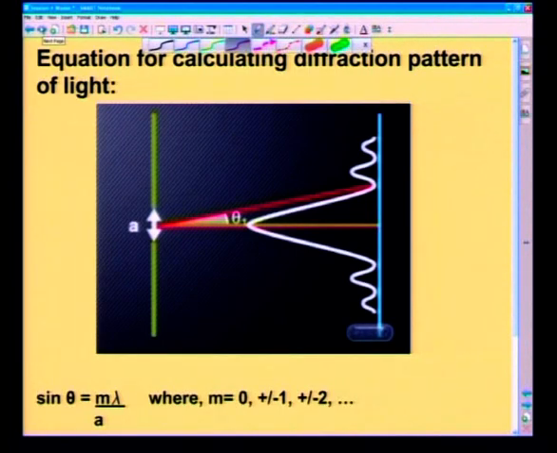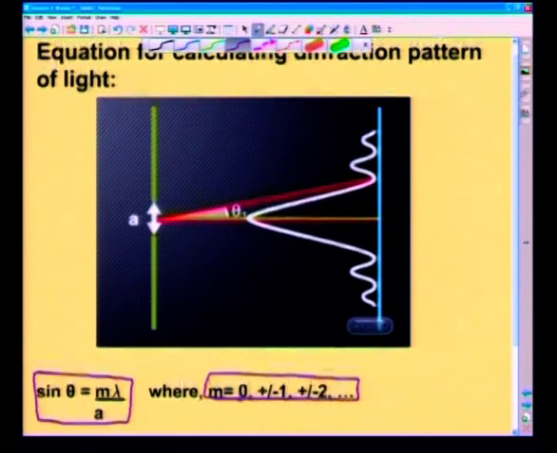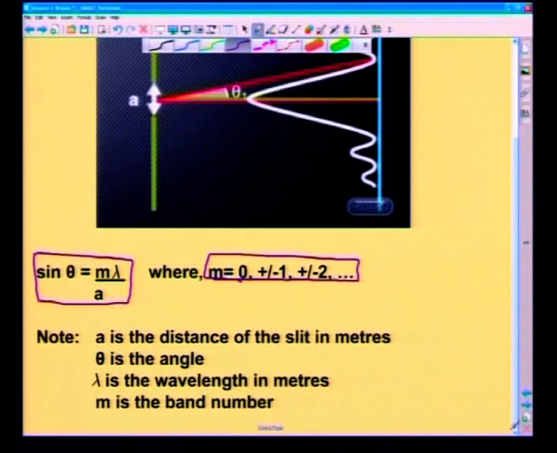Now let's look at the equation for calculating diffraction patterns, and already I have introduced that formula, and I have explained where m comes from, and from there we can use this to calculate or solve problems related to diffraction.